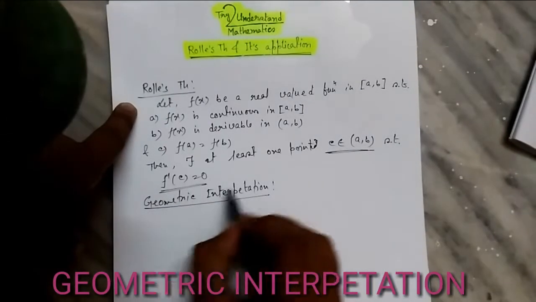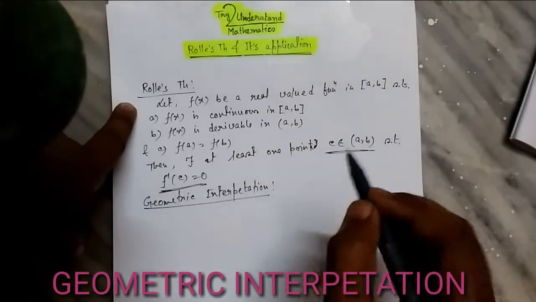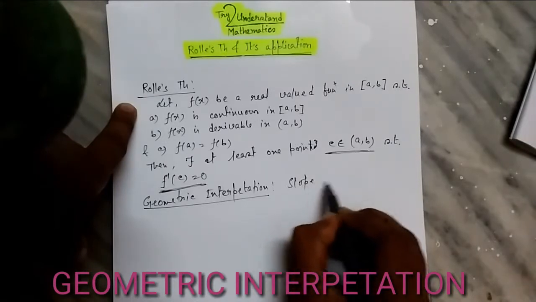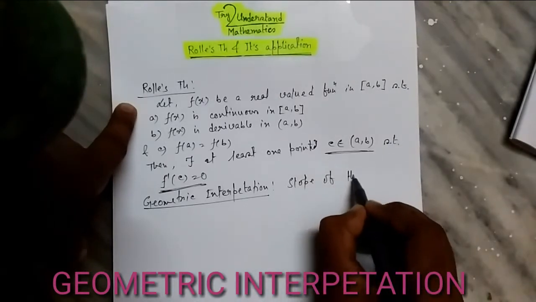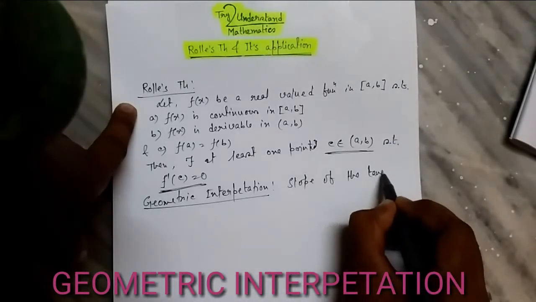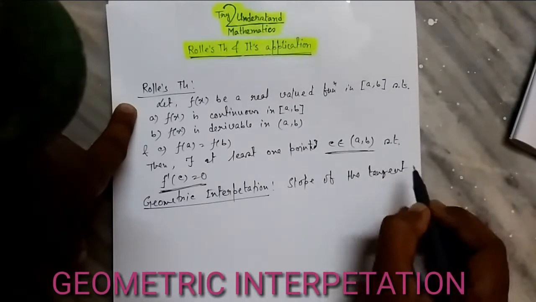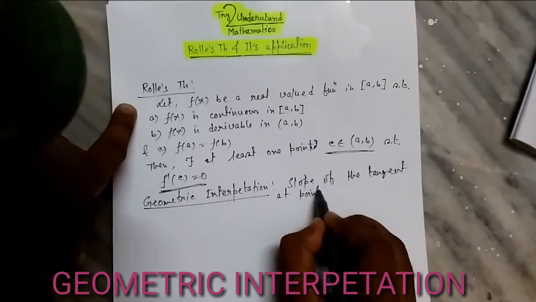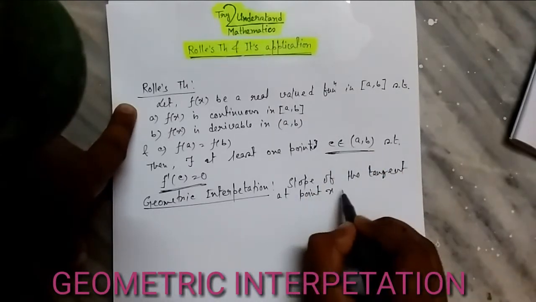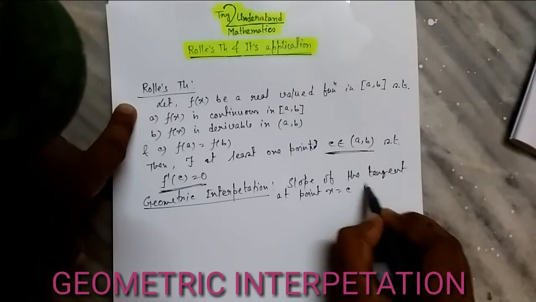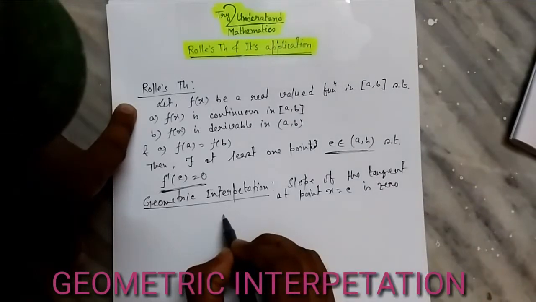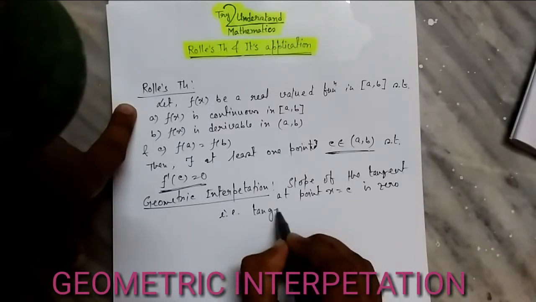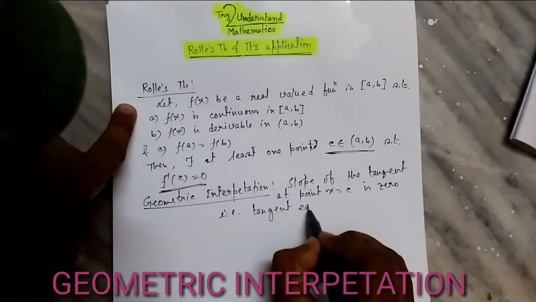So f dash c means the slope of the tangent at that point, x equal to c, is 0. That is, the tangent is parallel to the x-axis.